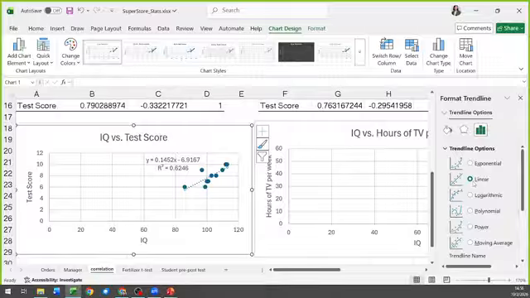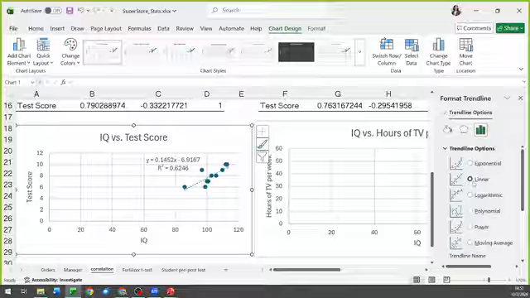Actually, choose based on background knowledge. Sometimes r square doesn't tell everything. Sometimes you have background knowledge, let's say about IQ and test score, that it goes linear, so I will just choose linear over here.